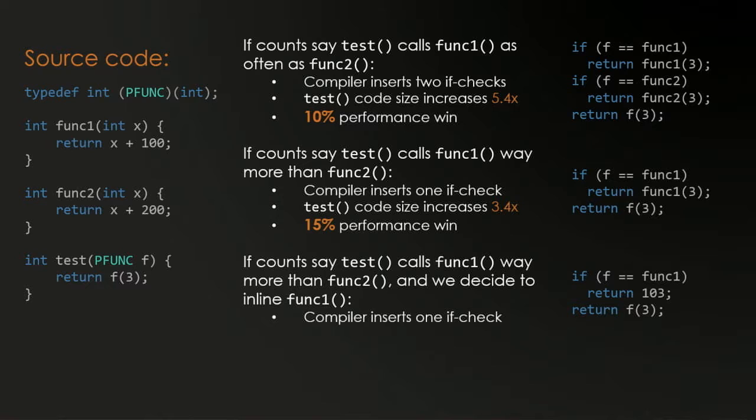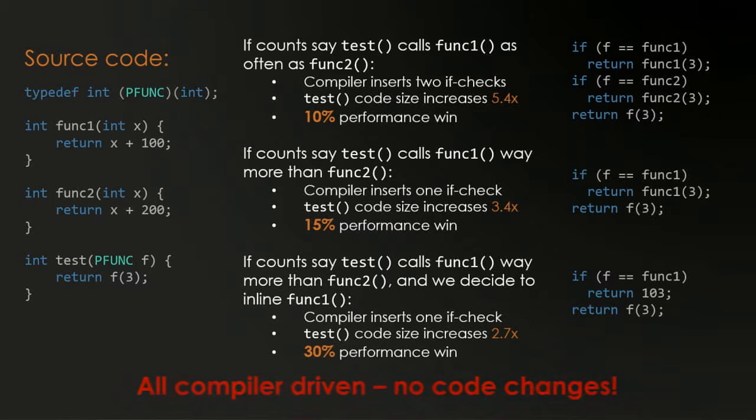That return is a very straightforward transfer of instruction execution. We don't even have to call another function. And all of that happens speculatively. And if f really is func1 most of the time, yes, code size increases 2.7x. I've got to talk about the code size increase. We got a 30% performance win. It's 30%. That's cool. Come on. All right.